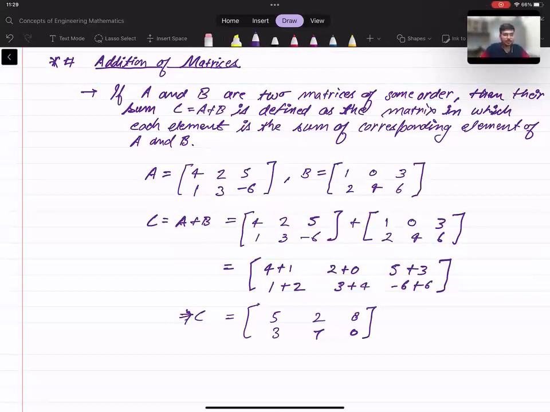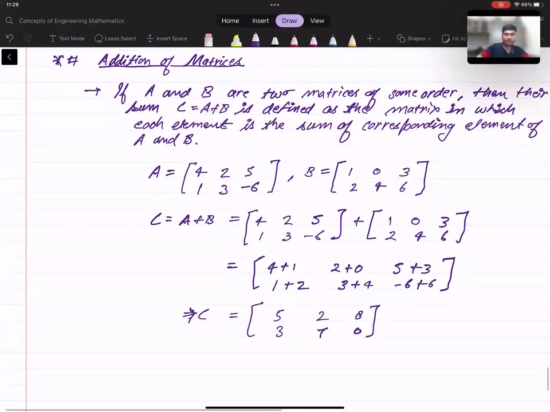So let us see the properties of addition. There are laws like the commutative law and associative law which are valid for addition, and the same goes for subtraction also. So subtraction follows similar rules in the case of matrices as matrix addition.